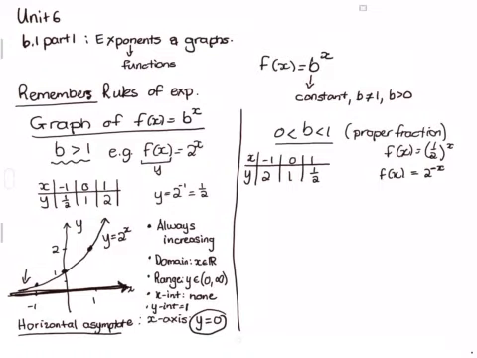So the graph here's my -1, here's my +1, here's my 1 and my 2. Now -1 goes to 2, 0 goes to 1, 1 goes to 1/2.